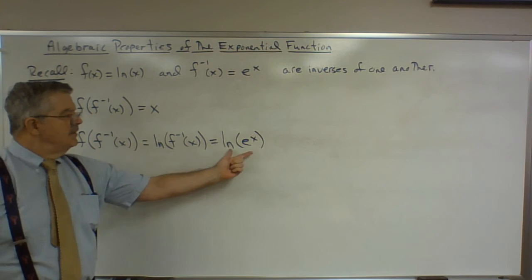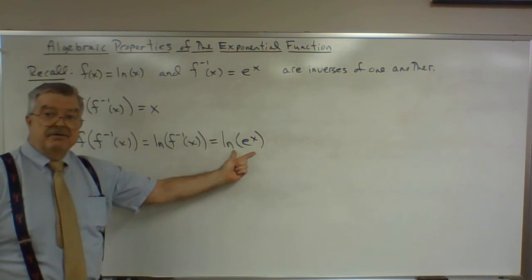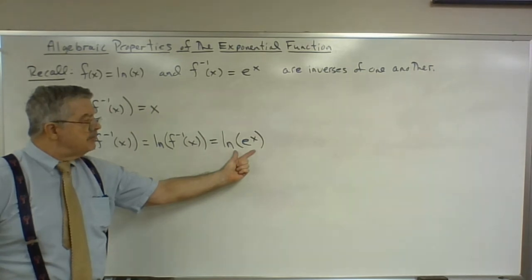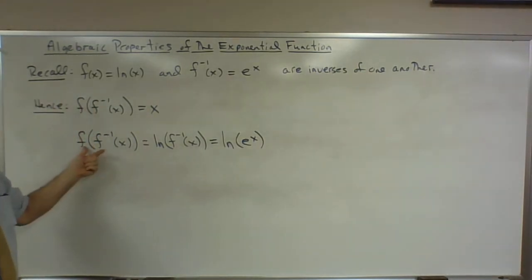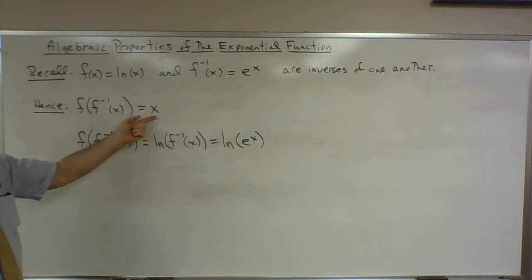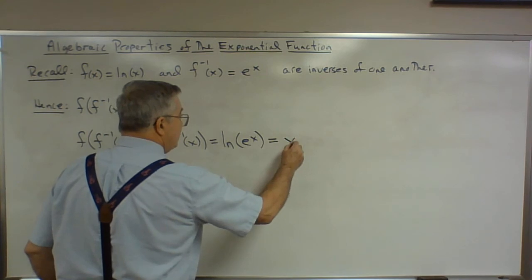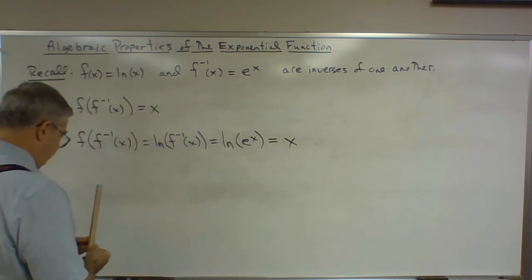Well, what does this turn out to be? This is the same thing as f evaluated at f inverse of x, which is x. So this thing is just equal to x.